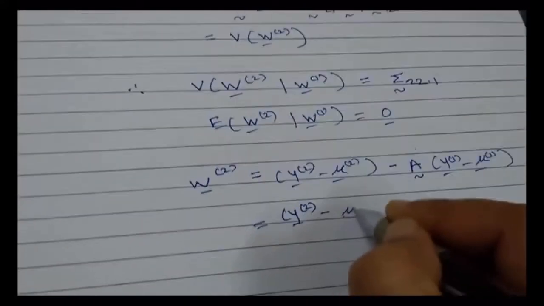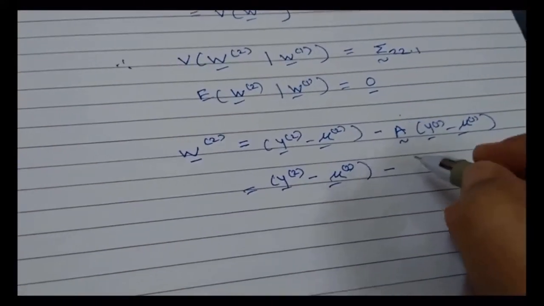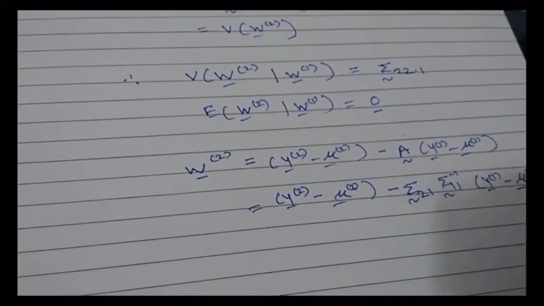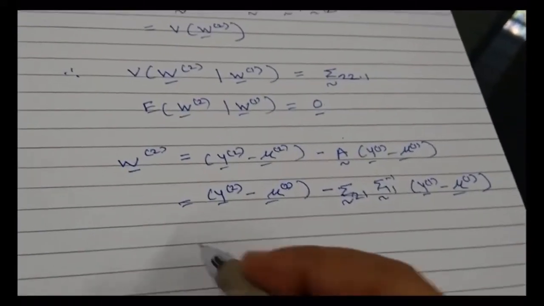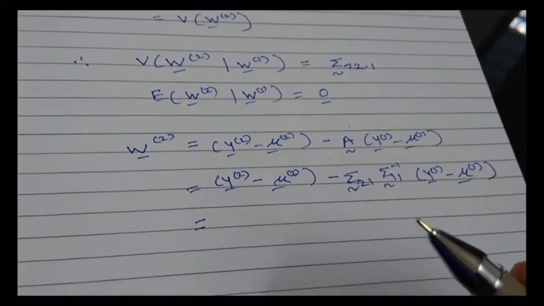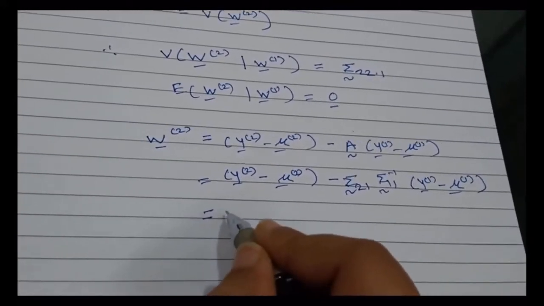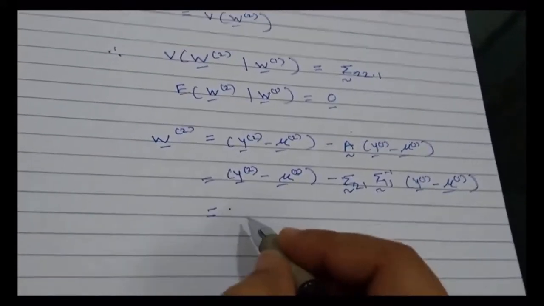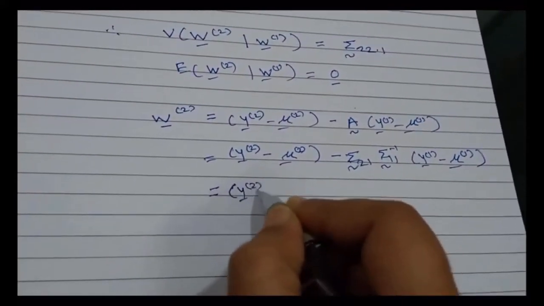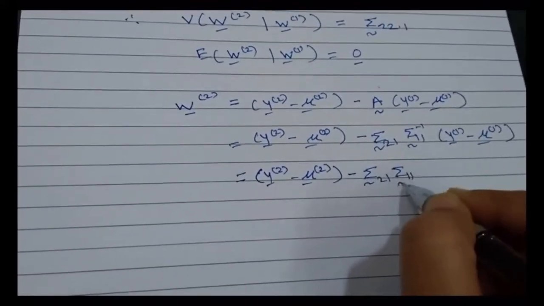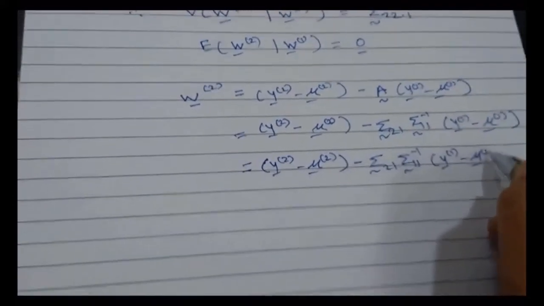So it is y2 minus mu2 minus sigma 21 sigma 11 inverse times y1 minus mu1.